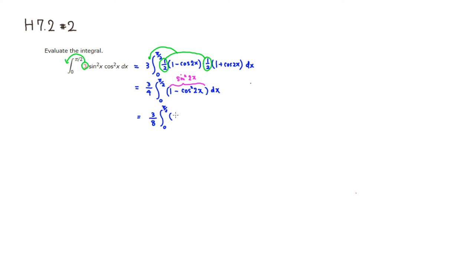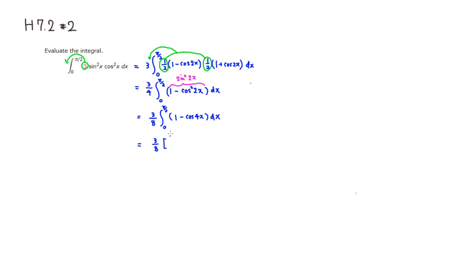Then you're going to have 1 minus cosine, oh, actually not squared, sorry, cosine of twice that, so it's going to be now 4x dx. Then we can just evaluate to find the antiderivative here.